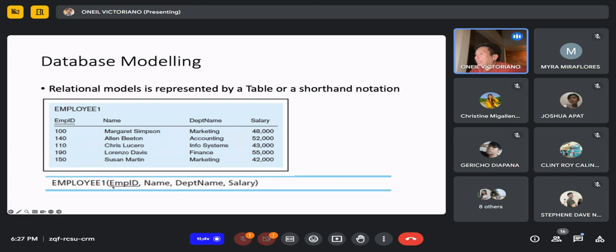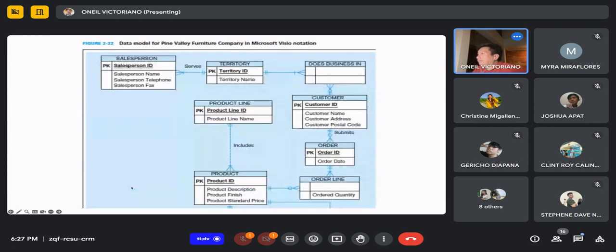Sometimes we use an underline for depiction of the PK, and broken underlines for foreign keys. No? So some of the notations would look like this. The PK is depicted at the first part of the table design.